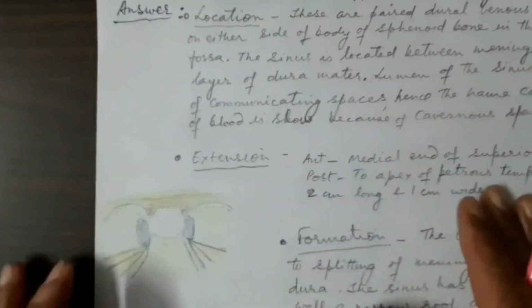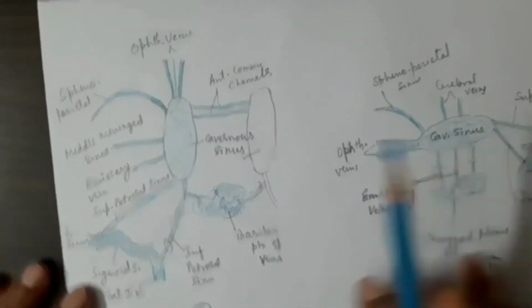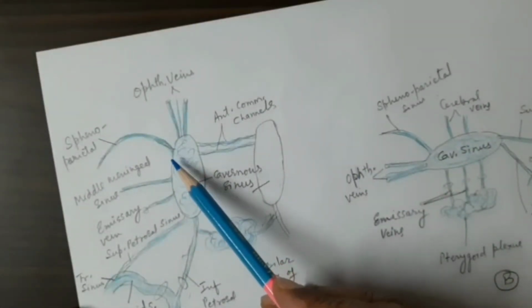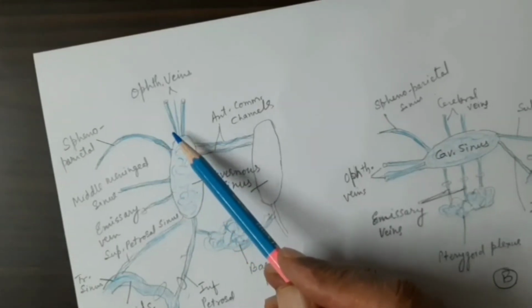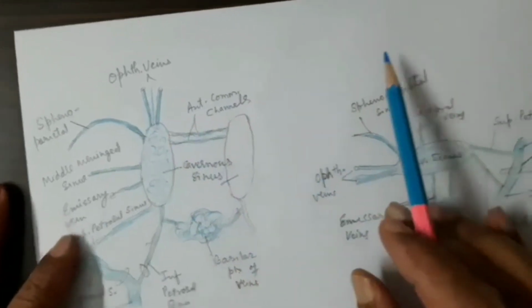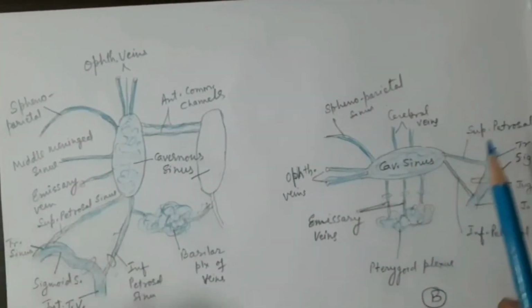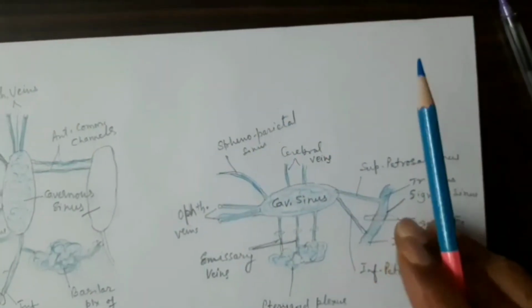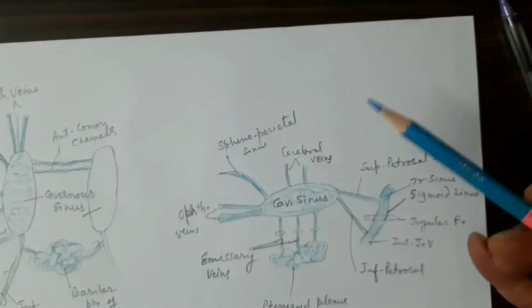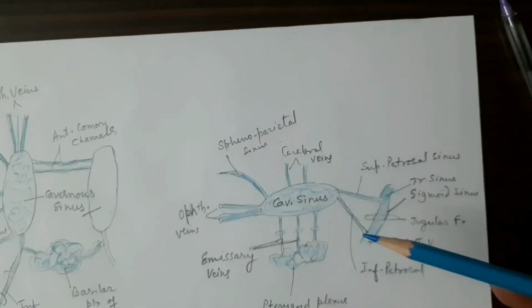This sphenoparietal sinus will come and drain onto the more anterior side, because here is the location of the medial end of the superior orbital fissure. So there is the sphenoparietal sinus also. So many veins and structures from different areas have drained to the cavernous sinus.